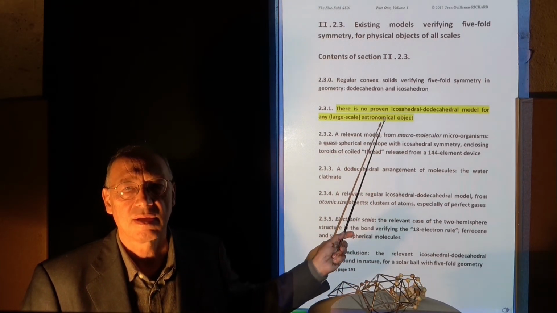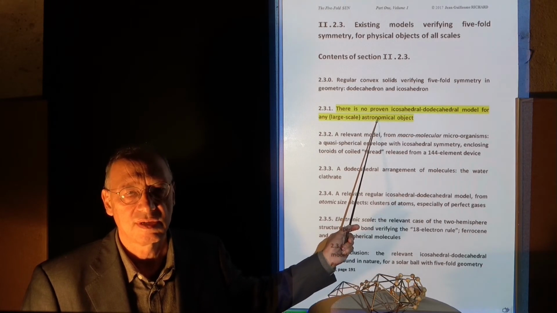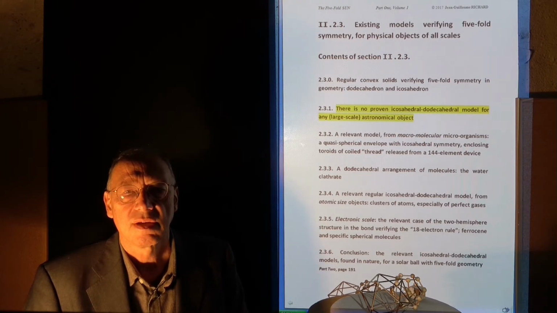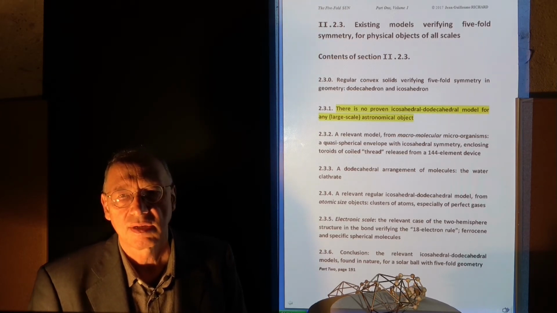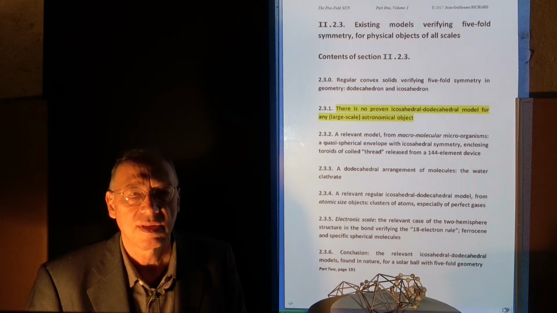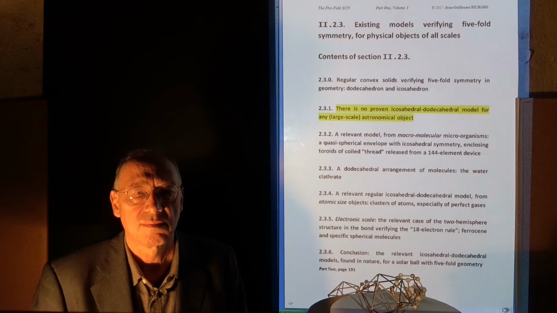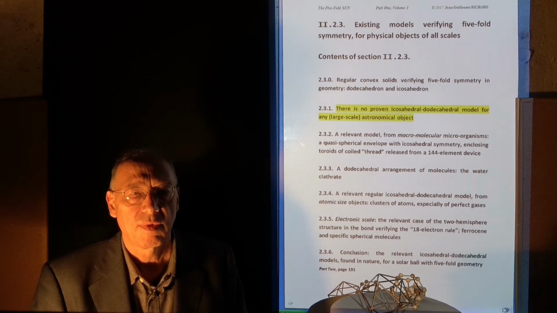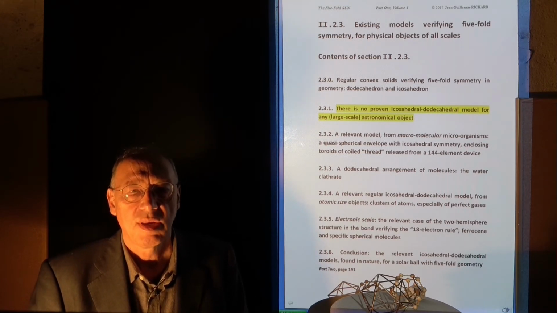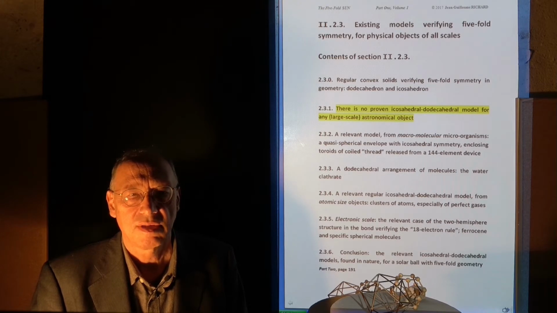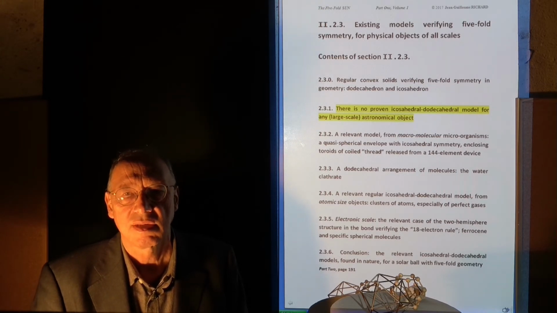In the world of astrophysics, there is no such natural thing. There is no proven icosahedral or dodecahedral model for any astronomical object. Ancient Greeks, after Plato, believed that the universe perhaps was modeled after a dodecahedron or contained in a dodecahedral envelope.